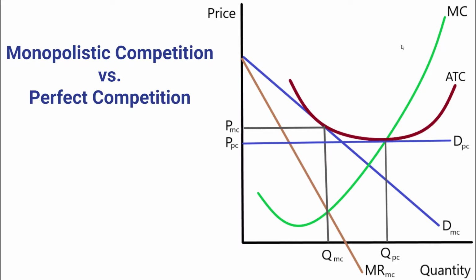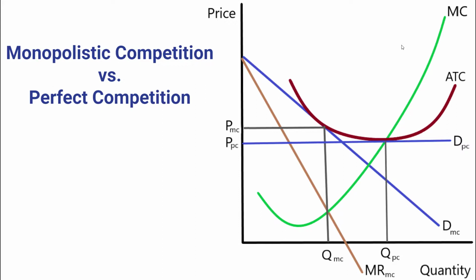Let's compare the outcome for a typical firm in both monopolistically competitive and perfectly competitive markets. The demand curve D sub MC and the marginal revenue curve MR sub MC would be the curves facing a typical monopolistically competitive firm. If the market, however, is perfectly competitive, we know it faces a perfectly elastic demand curve that will, in a long-run equilibrium, be equal to the minimum average total cost. So under a perfectly competitive market, the price would be P sub PC.